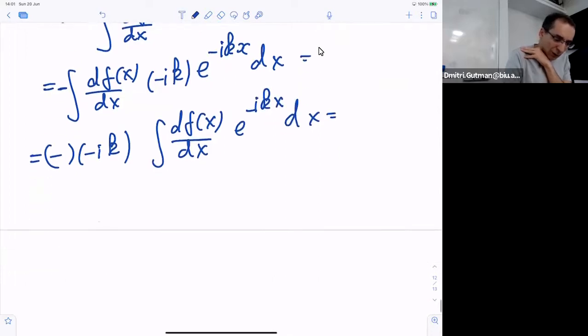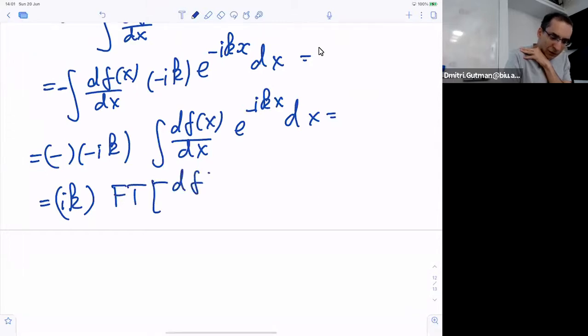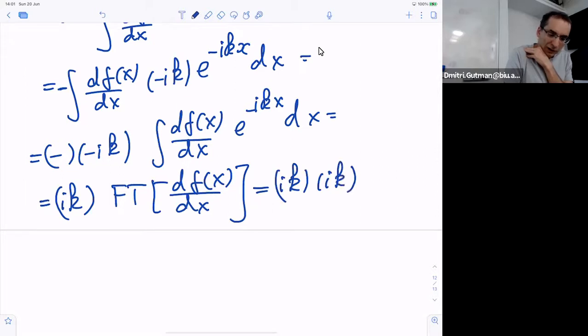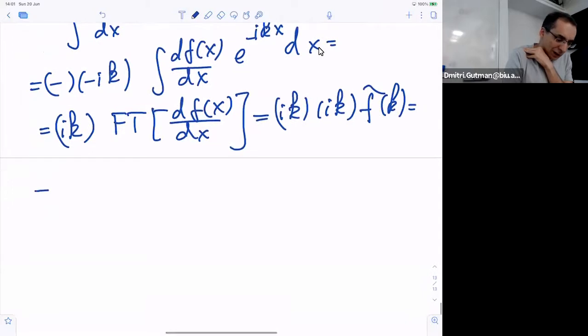So this would be equal to ik times the Fourier transform of df of x over dx, which we computed a few minutes ago. So we know that this will be equal to ik times ik times the Fourier transform of f. So we are getting i to the power 2, k squared, f tilde of k.